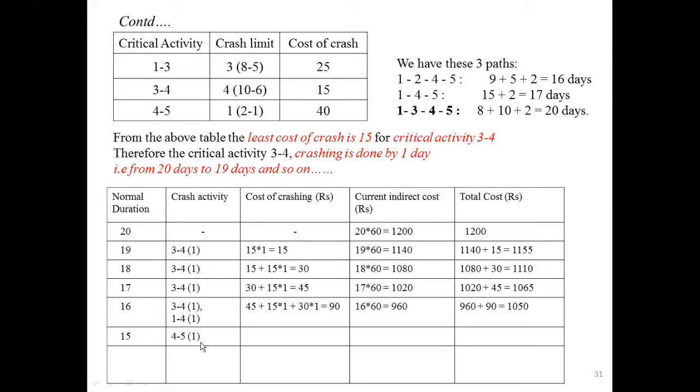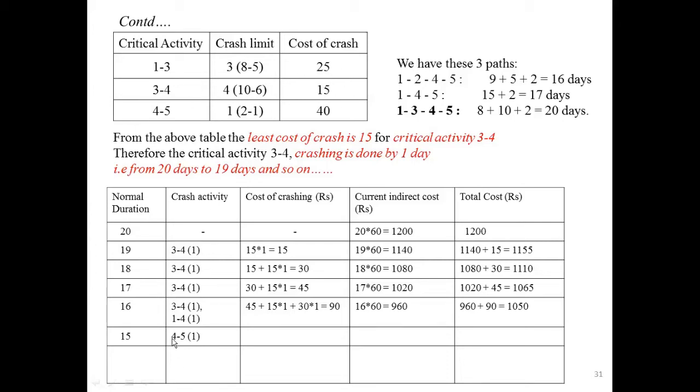For 3 to 4, the crash limit is 4 days. 1, 2, 3, 4, the 4 days are over. There is no further possibility of crashing for 3 to 4.